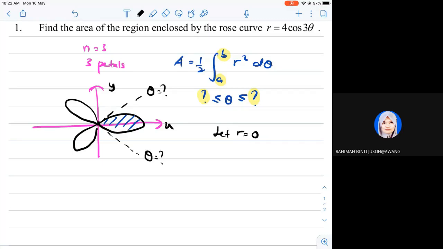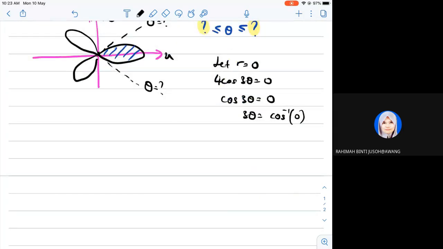Since r equals 4 cos 3 theta, this is the function of r, we have 4 cos 3 theta equals 0. So of course cos 3 theta equals 0, so 3 theta is shift cos inverse of 0. If you press the calculator, you will get 3 theta equals pi over 2. Now just divide by 3, so theta equals pi over 6.